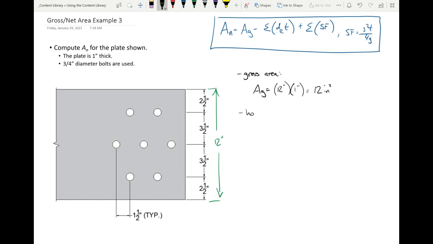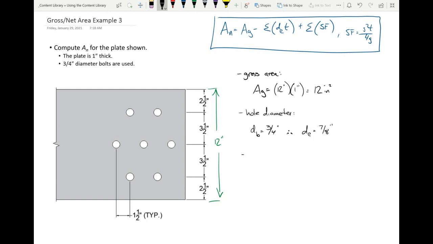So now let's look at the hole diameter. I know we already put that in the chat, but I'm going to put it here so we have it. The bolt diameter is 3/4 of an inch, and we said the hole diameter was 7/8 of an inch.